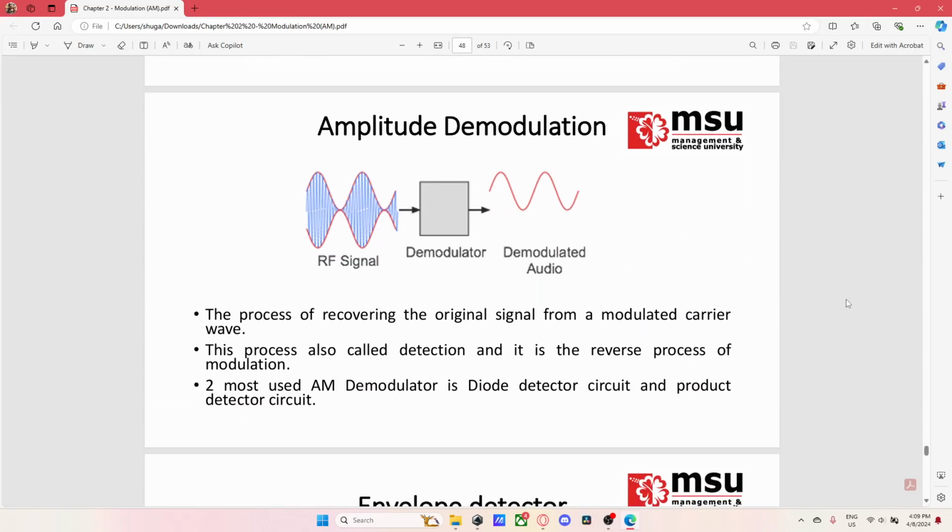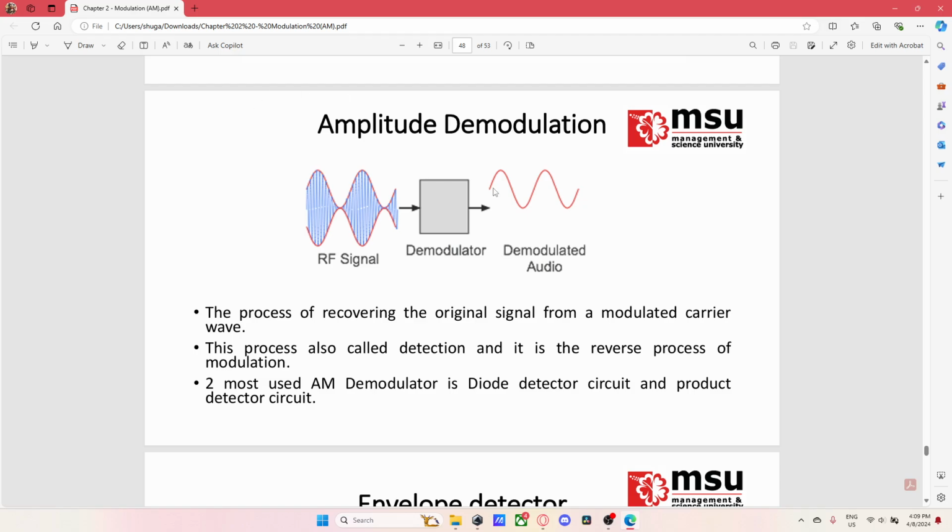Alright, what is demodulation? It is the opposite of modulation, where in modulation you use a carrier signal with a modulating signal to change the signal so that it can be transferred using a transmitter, and then on the receiver side, you change the signal back into the original signal.